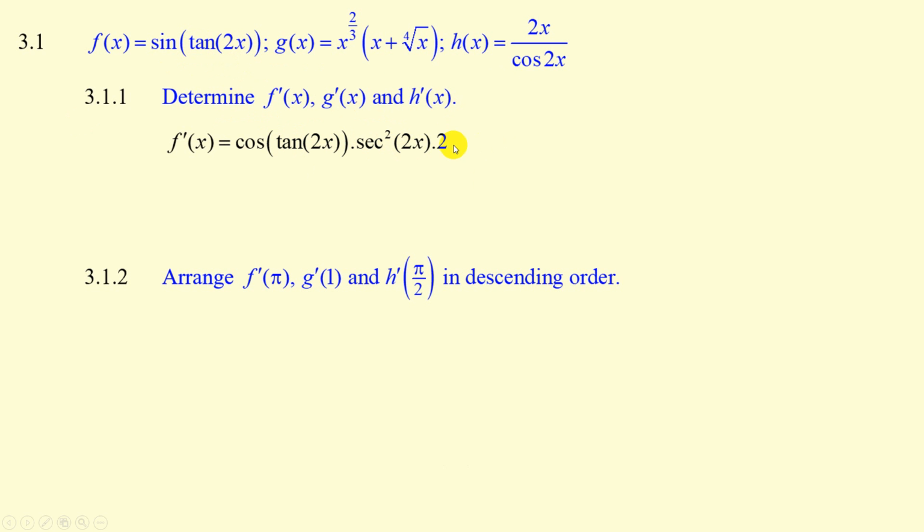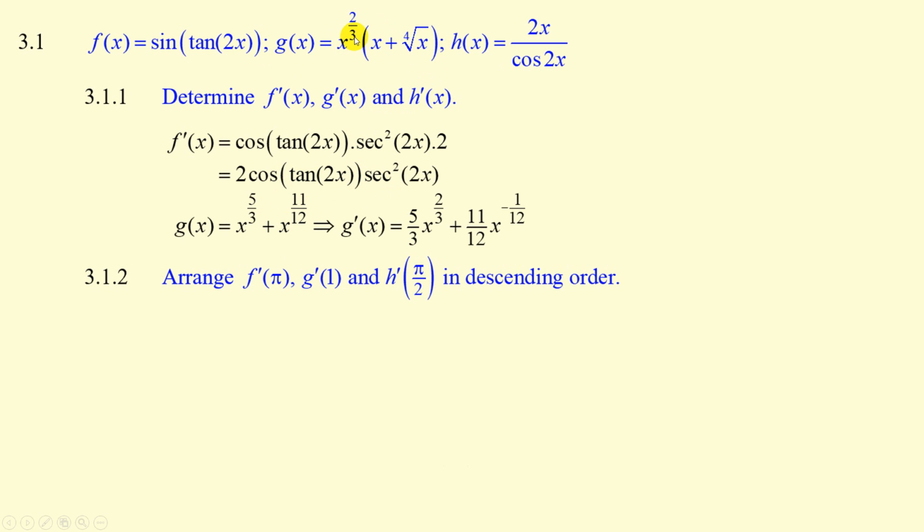G of x. I don't know if anybody realized you could just multiply this out. Don't do it as a product or anything else. I'm going to multiply it out. So therefore, that's just simplified. I'm going to say x to the 2/3 times x gives you x to the 5/3.